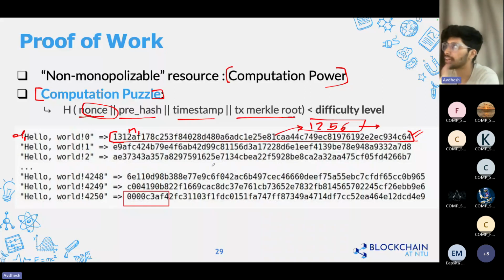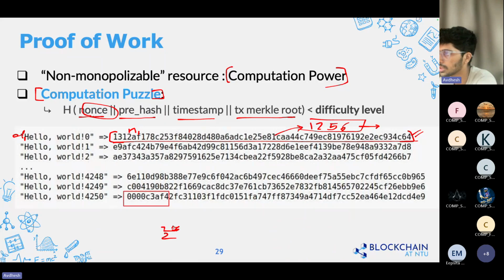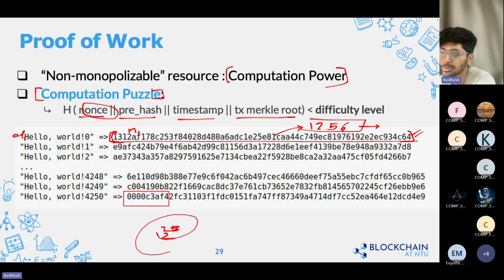As I said, it's very hard for anyone to predict this accurately. There's very little chance, 2 to the power of 256. It's astronomical. So what they do is get closer to this number. That is the whole mechanism of proof of work.